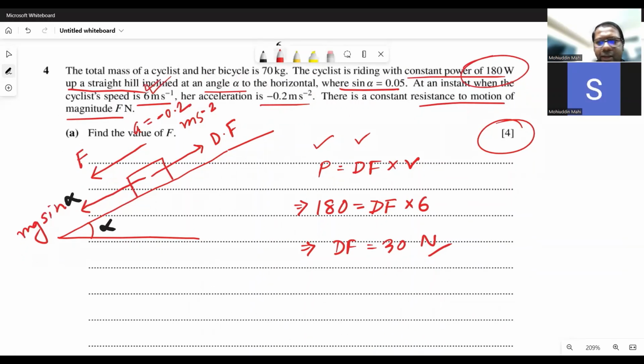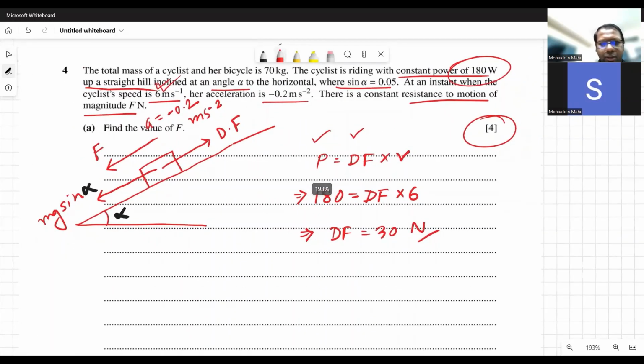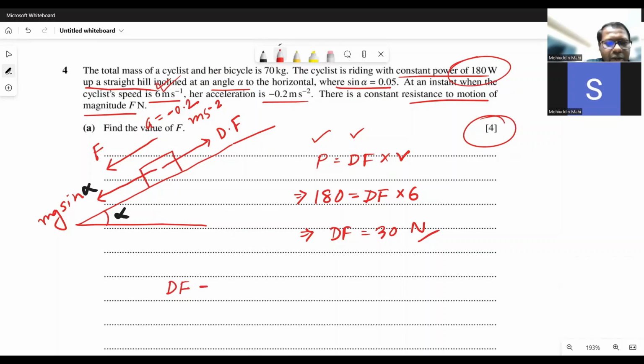Now let's make an equation. As the object was accelerating in the upward direction, it was applying driving force. So driving force minus, in the downward direction, the component of weight, so mg sine alpha, plus the resistive force, we don't know the value yet, equals mass into acceleration.